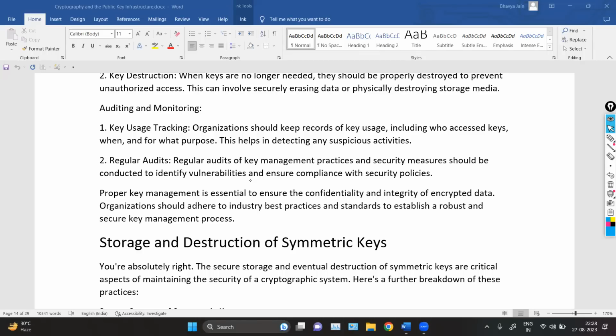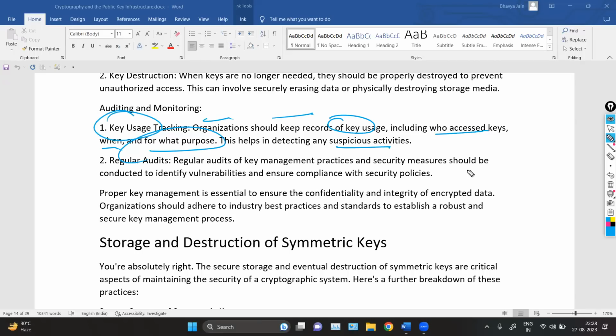First, key usage tracking, when a particular user is accessing or using the keys. The organization should keep records of key usage, including who accessed keys, when, and for what purpose. This helps in detecting any suspicious activity.